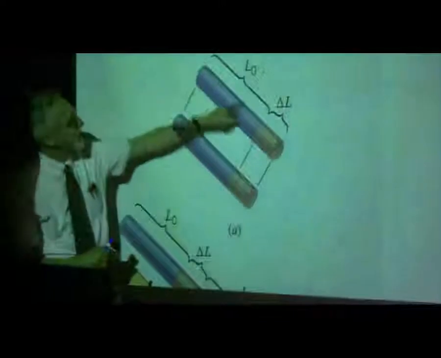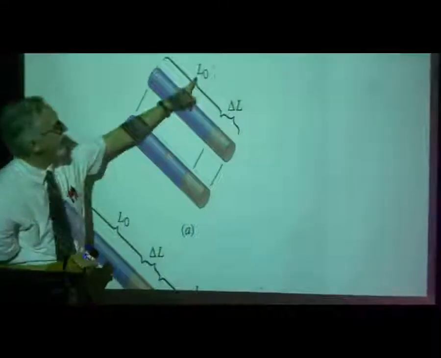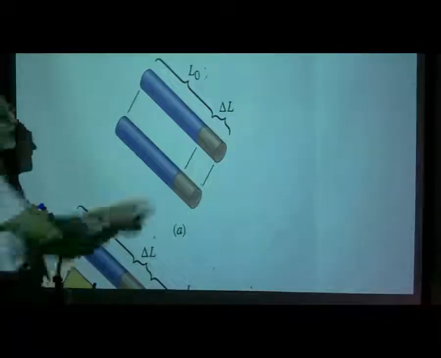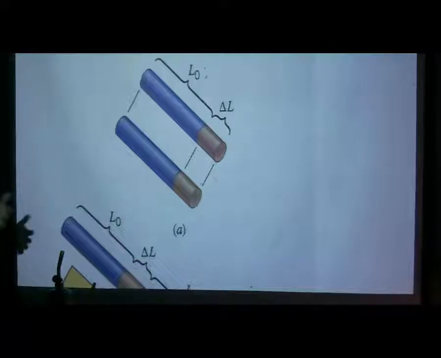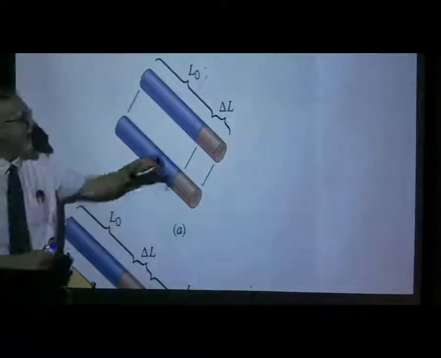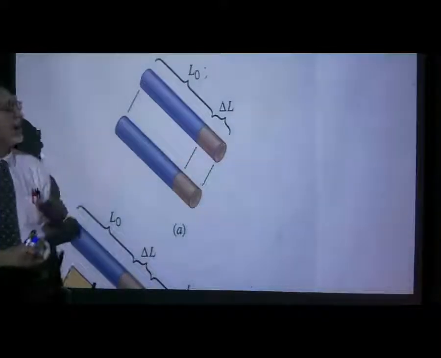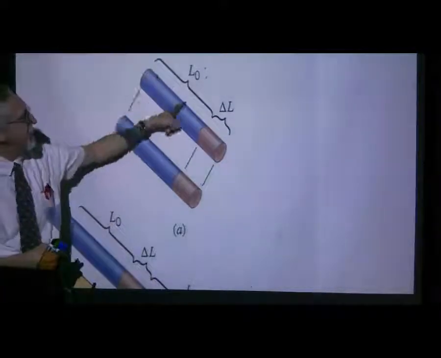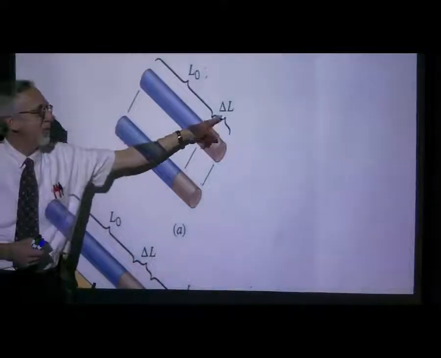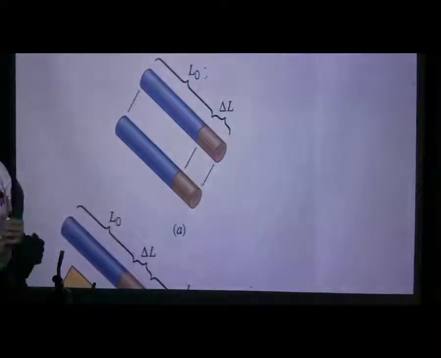Let's imagine we start out with a rod that is originally a length of L naught. We heat it up, and it expands an amount, we'll call it delta L. Let's see if we can figure out what sorts of things might affect this amount that it expands, delta L. Well, we might think that the original length might affect delta L. And actually that makes a lot of sense.